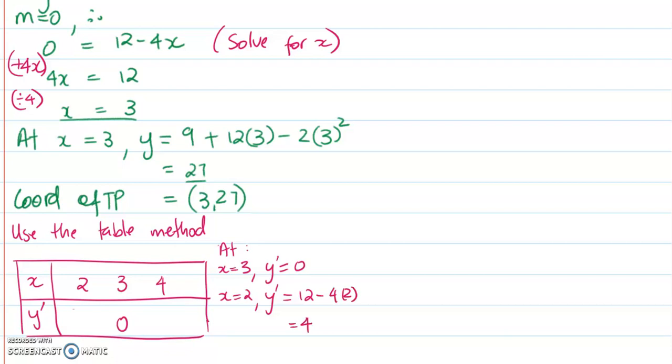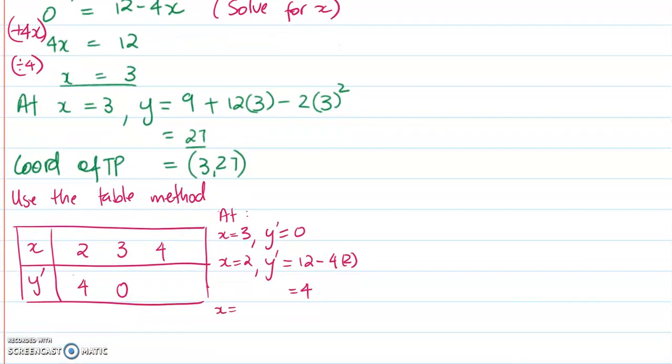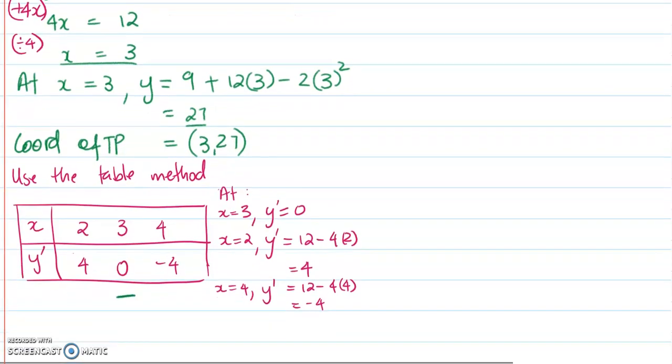And when x is equal to 4, our gradient function gives us 12 take away 4 multiplied by 4, which is 12 take away 16, and that gives us -4. So if we have a look at the stationary point, basically we have a horizontal line.